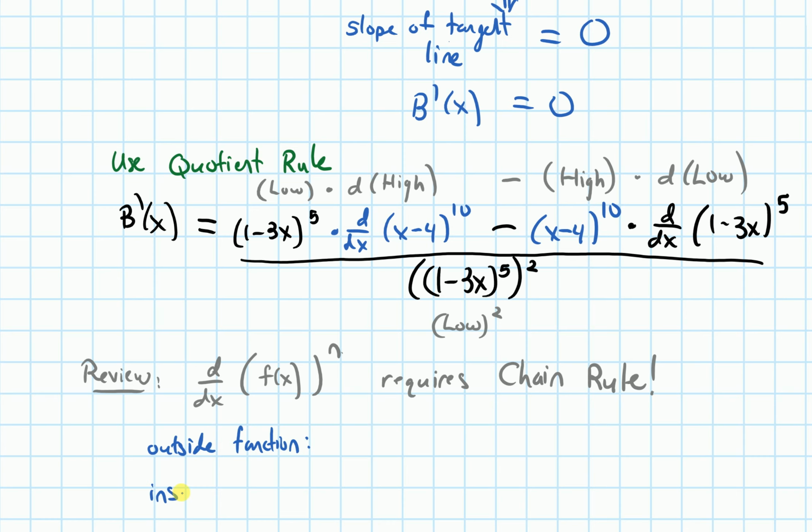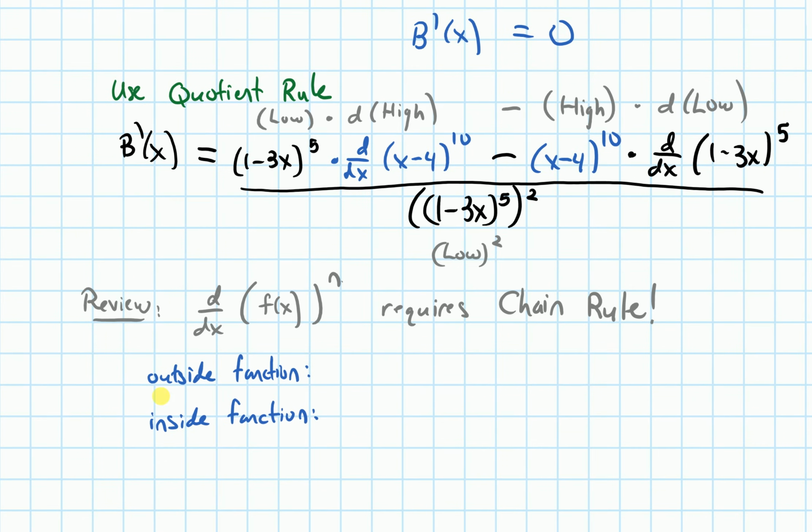There's an outside function and an inside function here. The inside function is f of x, whatever that happens to be, which is what's being plugged inside of this nth power. And the outside function is x to the n.